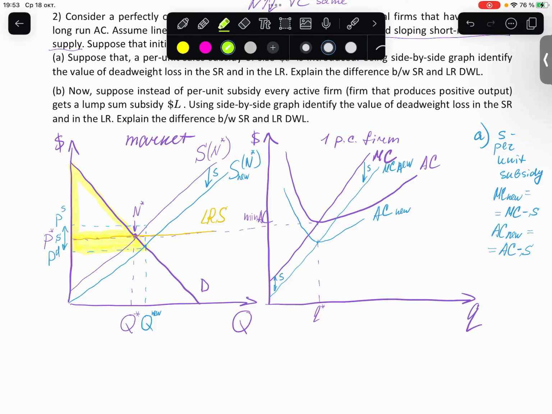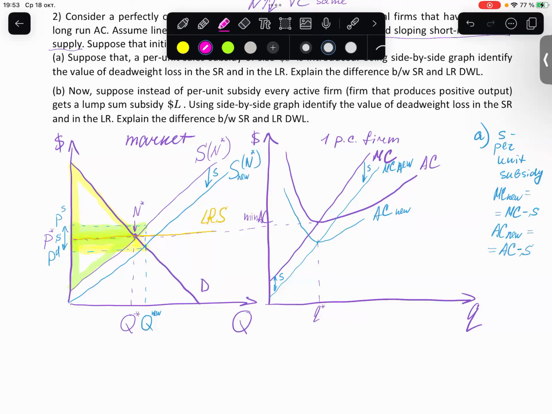Then what about producer surplus? Before, the producer surplus was like this. And now our sellers will earn more from each unit sold. They will sell more and earn more from each unit. So the producer surplus will increase by this part.